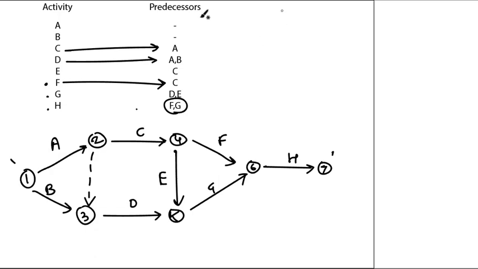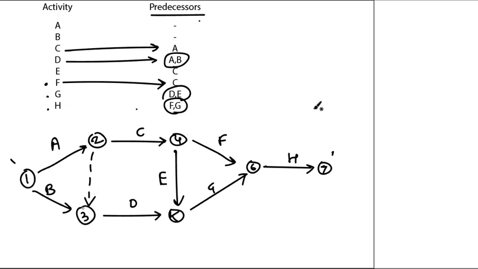So remember, when you see the predecessors column, where there are two predecessors, it means these two activities are meeting at a node. For example, F and G are meeting at a node. D and E are meeting at a particular node. A and B are meeting, but through a dummy activity.